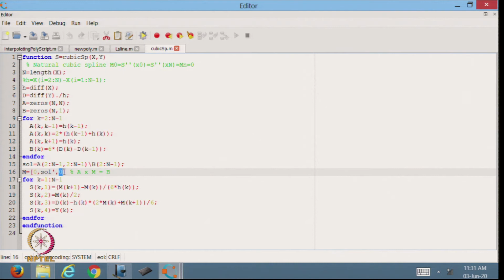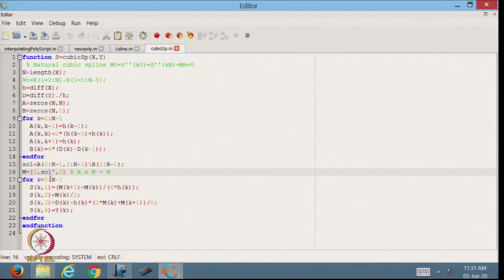So I put 0 here, and in between I get the solution. The solution will be a column vector, so I am taking the solution transpose, which is a row vector. So this is my m, which contains all the second order derivatives of the cubic spline at the nodal values.